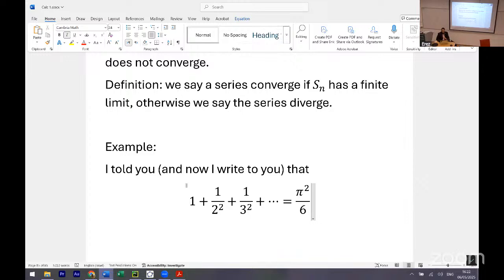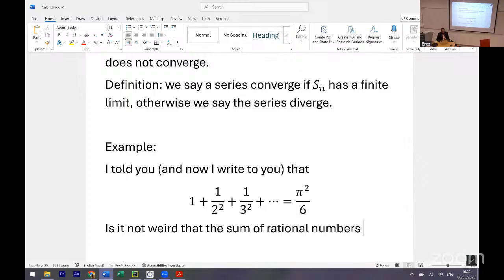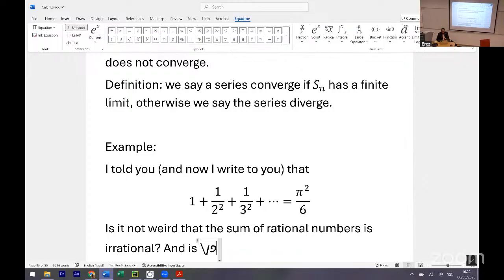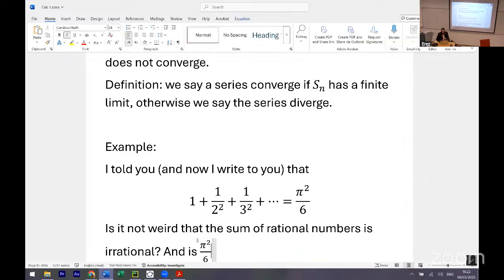I have a weird and philosophical question. Is it not weird that the sum of rational numbers is irrational, and is pi squared over 6, maybe it's rational, pi squared over 6 irrational?